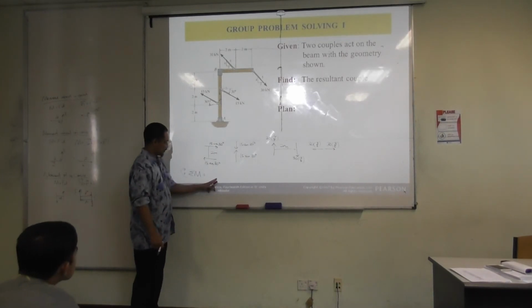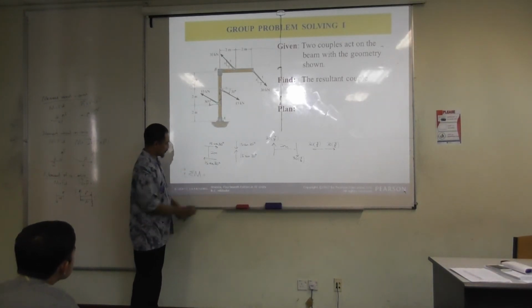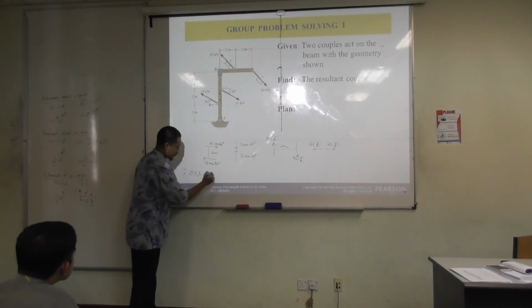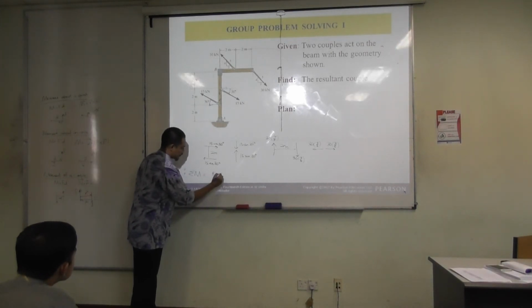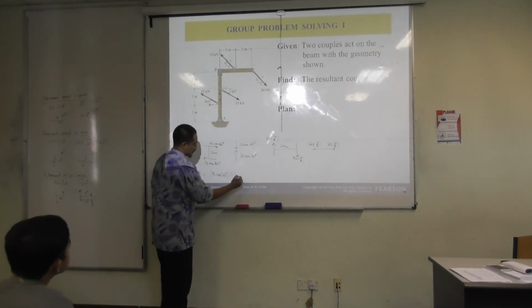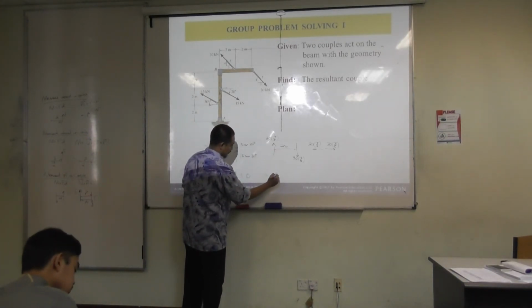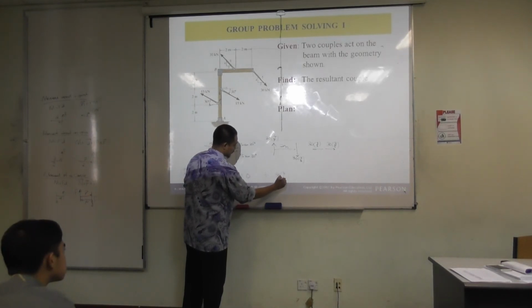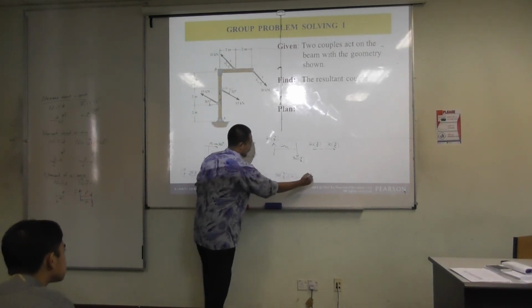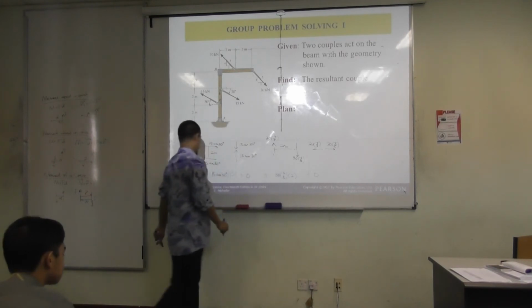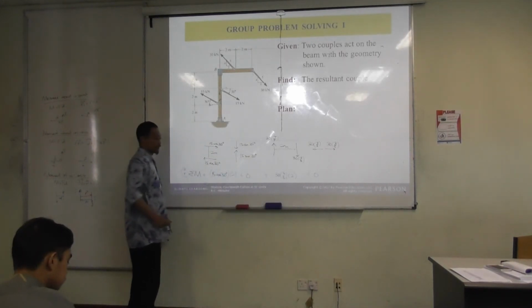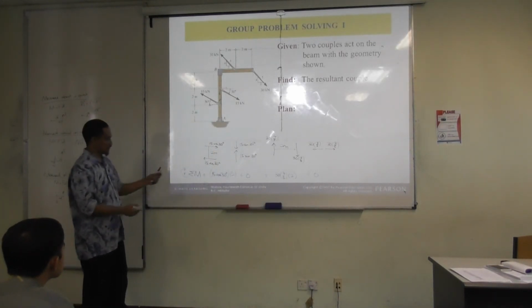So 15 cos 30 times the distance of 2, this is just 0, plus this one is clockwise again, 30 over 5 times 2 plus 0 again. If you calculate, you get whatever value there, and in this case it will be clockwise.